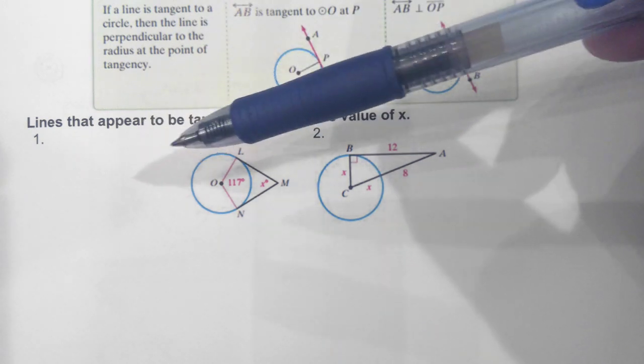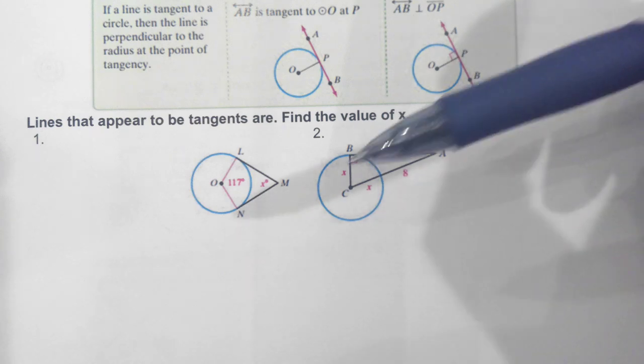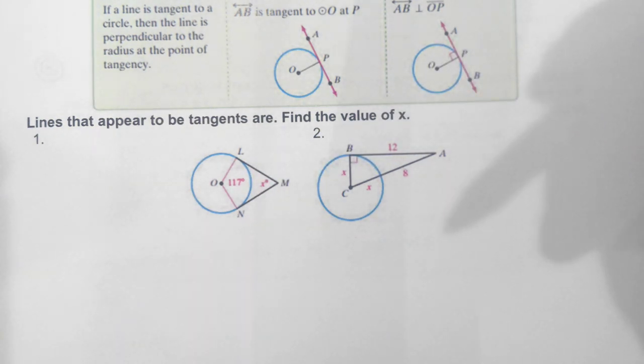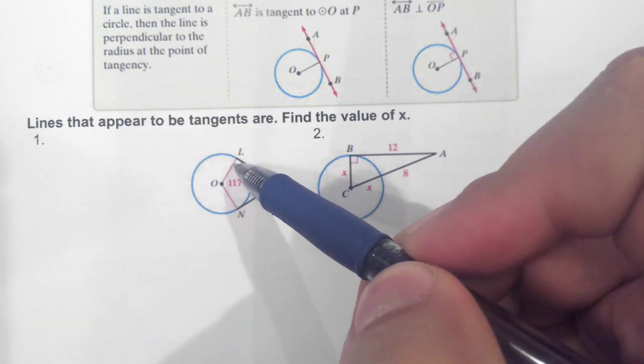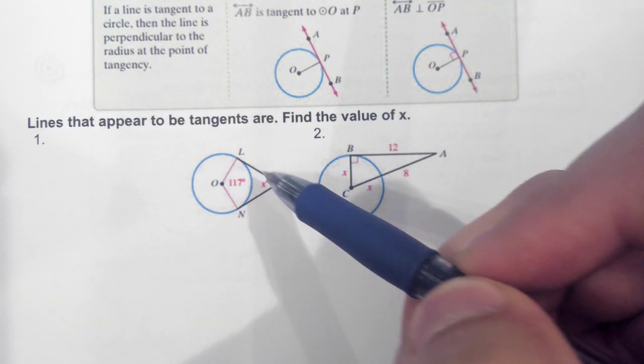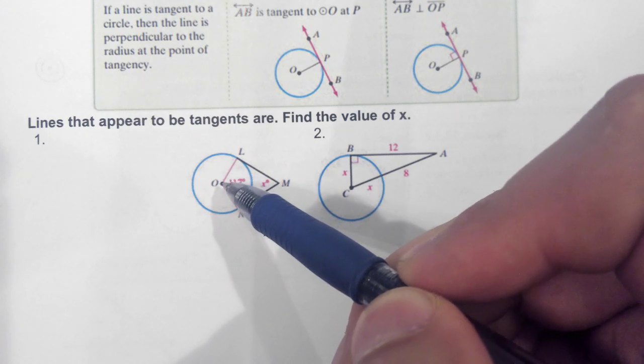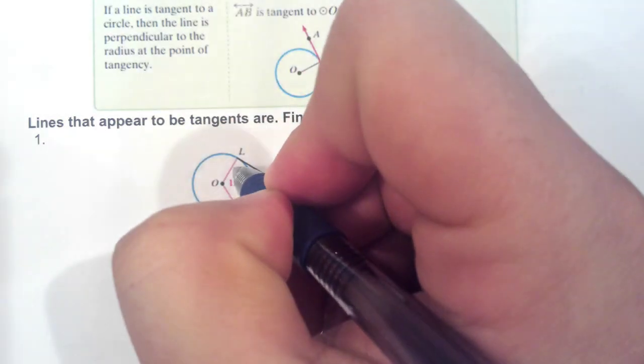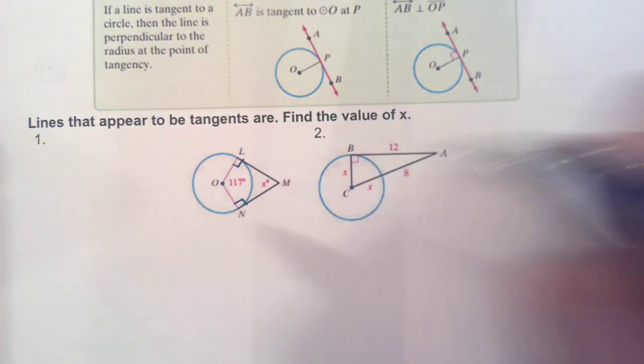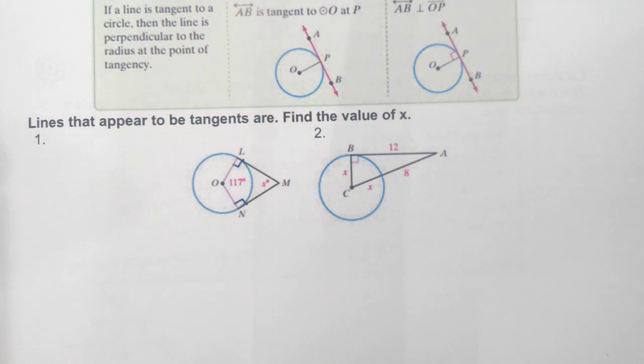It says lines that appear to be tangents are. So anything that looks like it is a tangent is a tangent. And then we're just finding the values of x here. Since LM is a tangent and I draw a radius to the point of tangency, this would be a right angle. That would also be a right angle for the same reason.